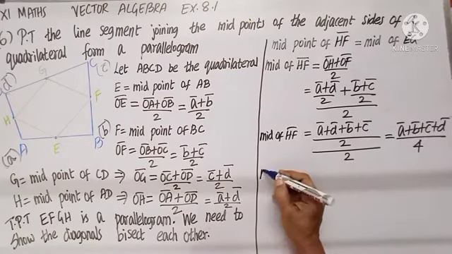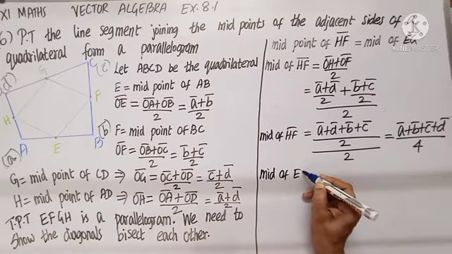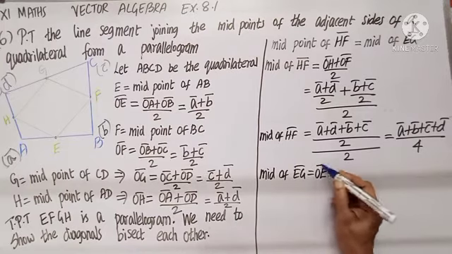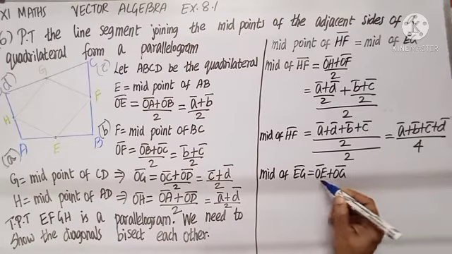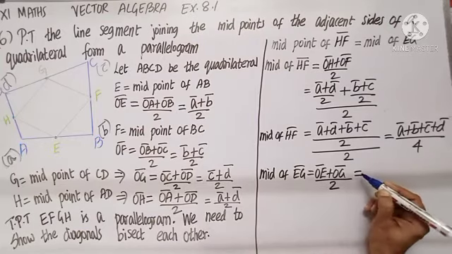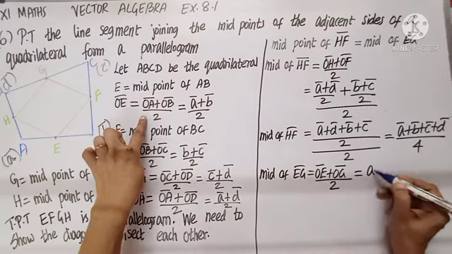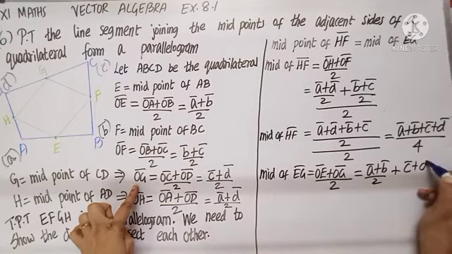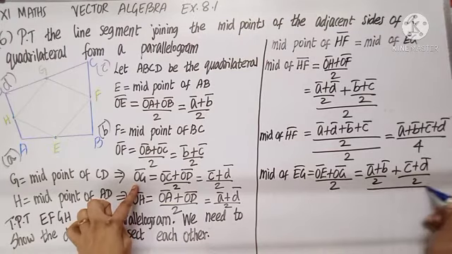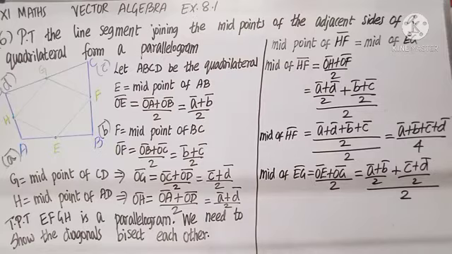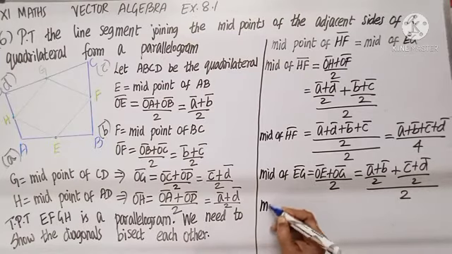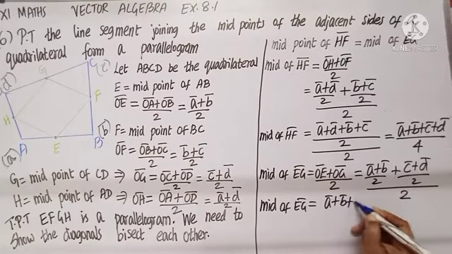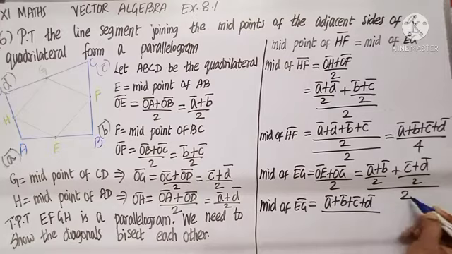Now I need to find the midpoint of EG. What is the midpoint of EG? (OE vector plus OG vector) divided by 2. What is OE? It is (A plus B) by 2. What is OG? (C plus D) by 2. The whole thing divided by 2. Using the same argument, I can show the midpoint of EG is (A plus B plus C plus D), 2 twos are 4.